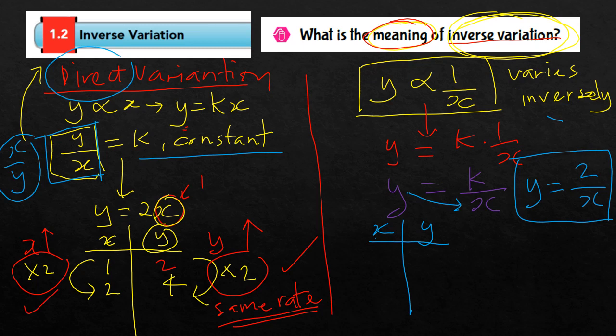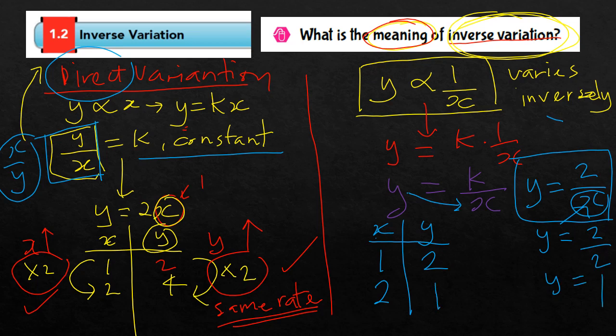So when x is 1, you substitute 1 here, you'll get 2 over 1. 2 over 1 is 2, so your y is 2. When x is 2, what happens to your y? Your y will be 2 over 2. Y will be 1.